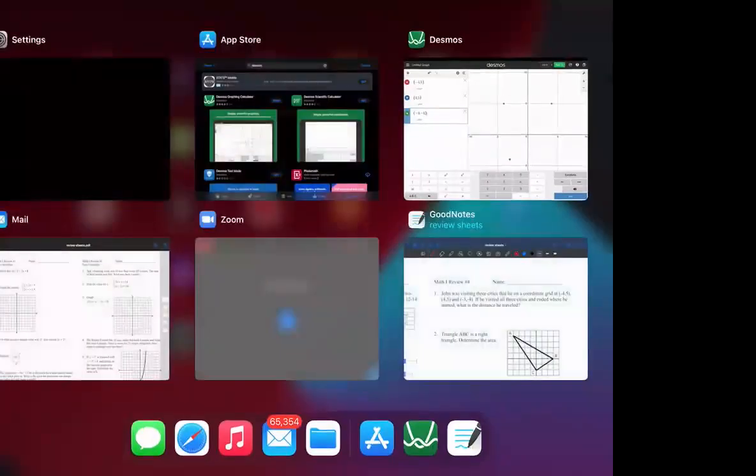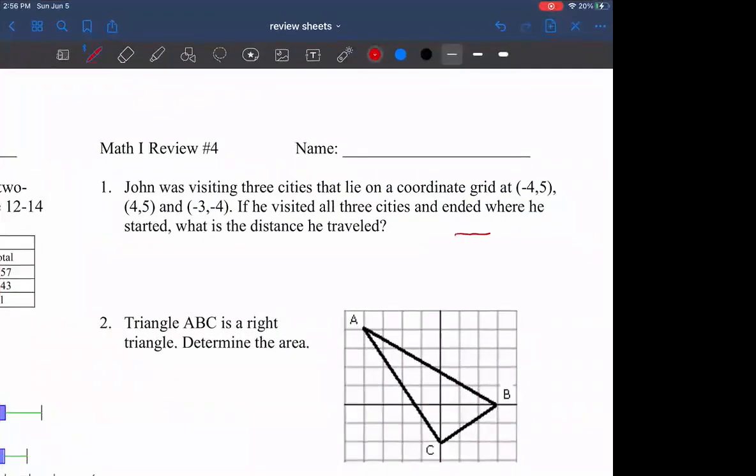It doesn't really matter which city he starts in, as long as he goes to all 3 and ends up where he started.